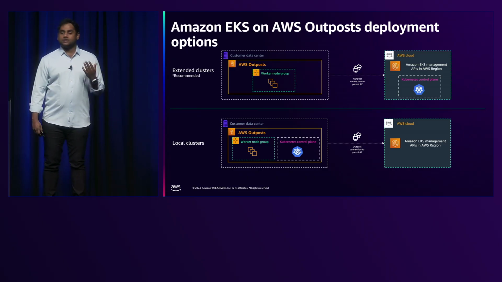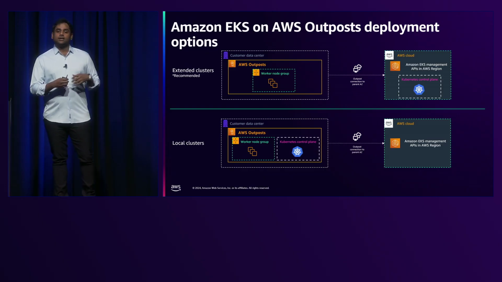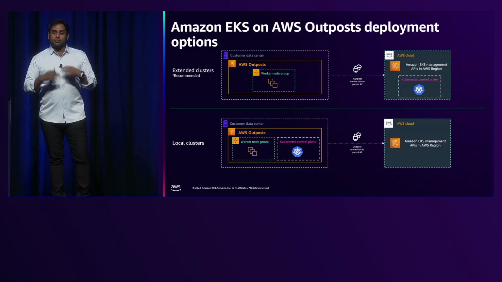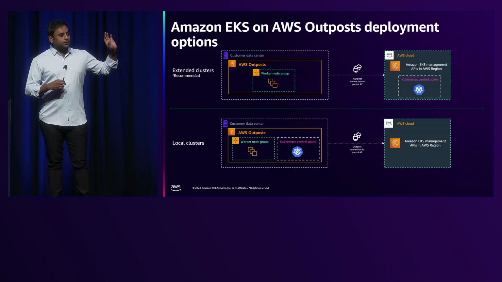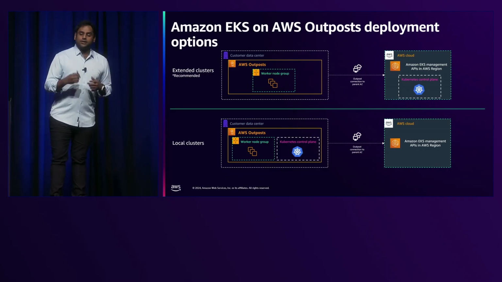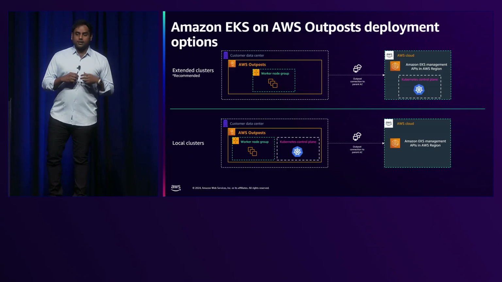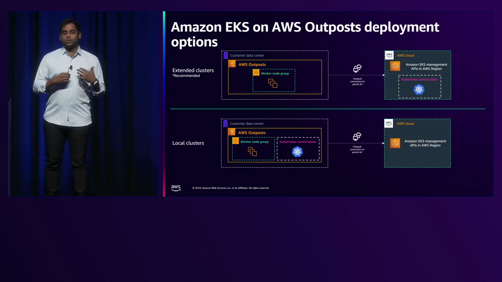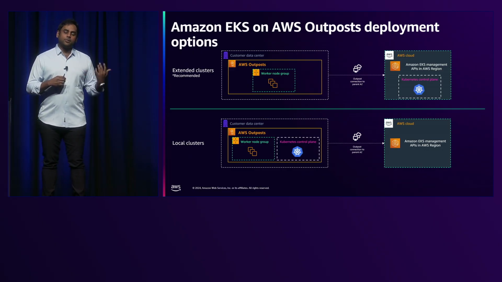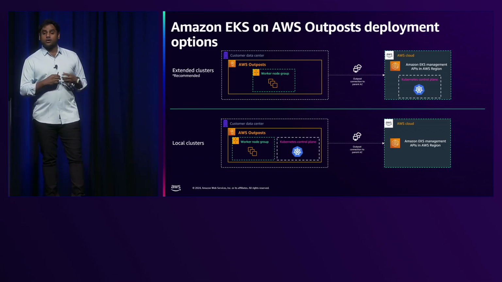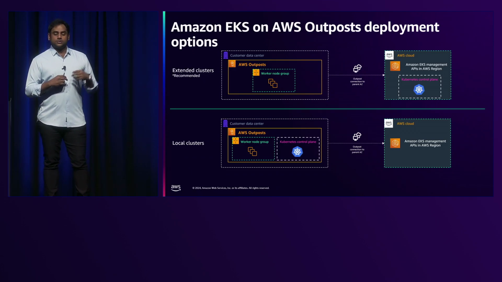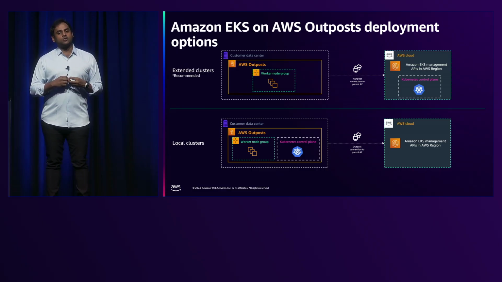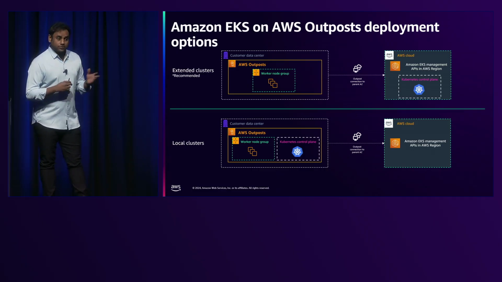They might have disruptions for many reasons, because of the placement of their data centers in the outskirts of a metro, or in an isolated environment where they have issues with continuous network availability, where it is required for AWS Outposts with EKS to run. So this is where we introduced the second deployment option, called local clusters, which enables customers to still continue their Kubernetes-based operations even during disconnects.